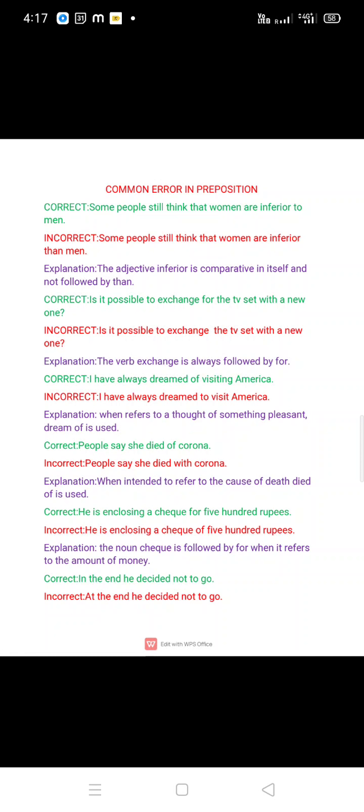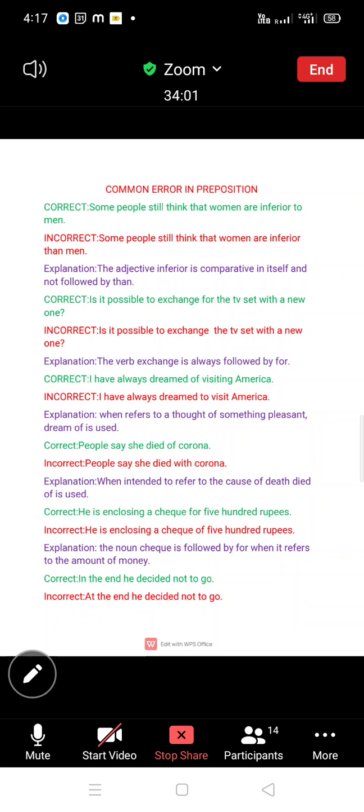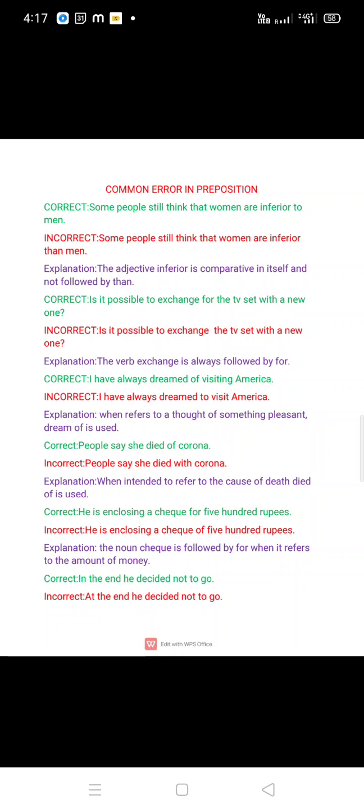Where is the mistake in this sentence? Check for, not check of actually. He is enclosing a check for 500 rupees, not check of.